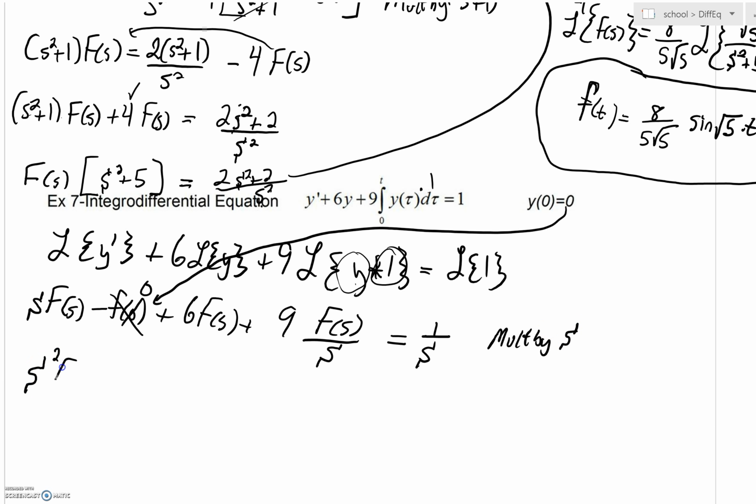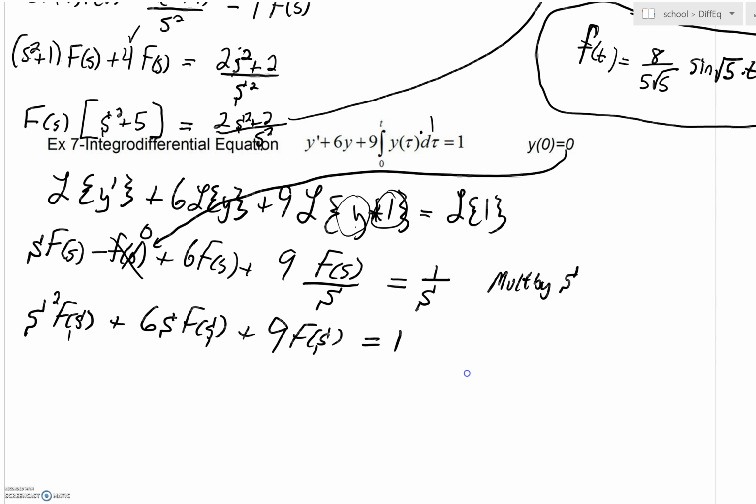We'll have s squared, capital F of s. This would be 6s, capital F of s. Here we're going to get just a 9, capital F of s. And the right side, of course, we're just going to have a 1. And now what?